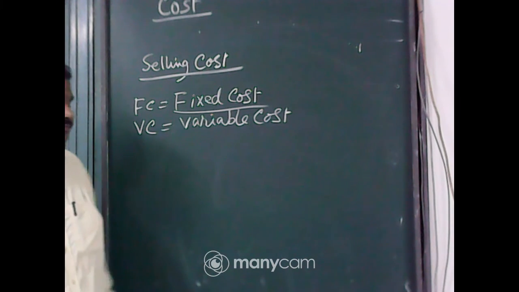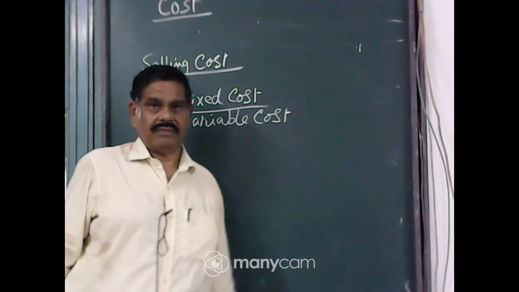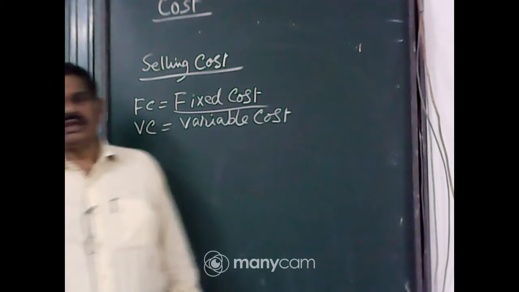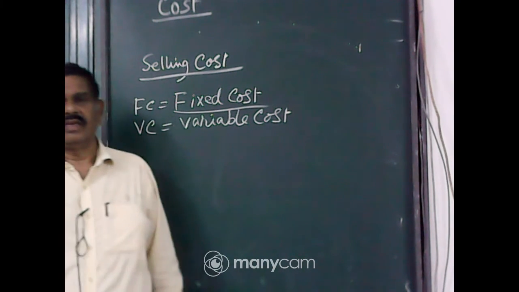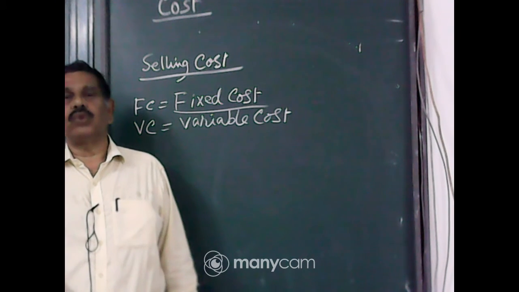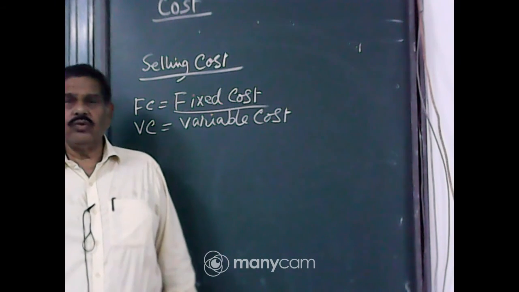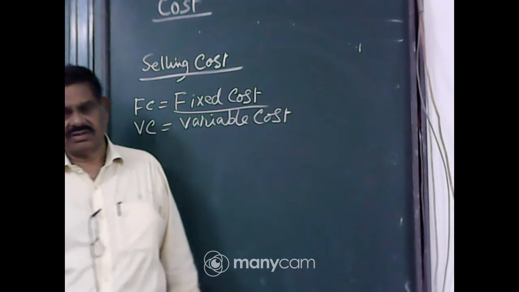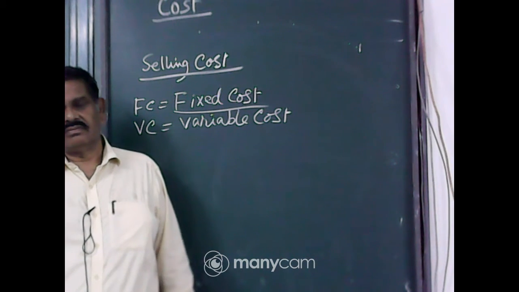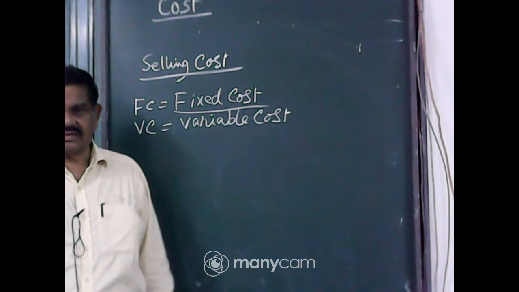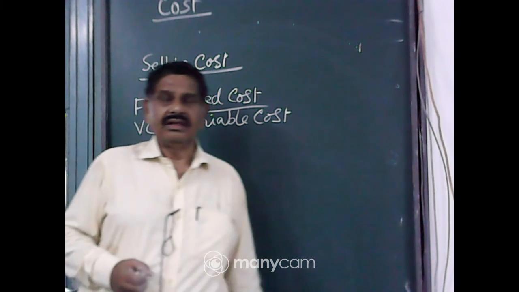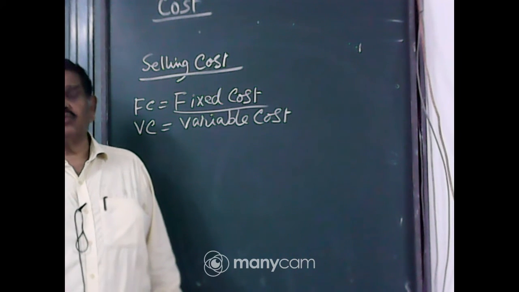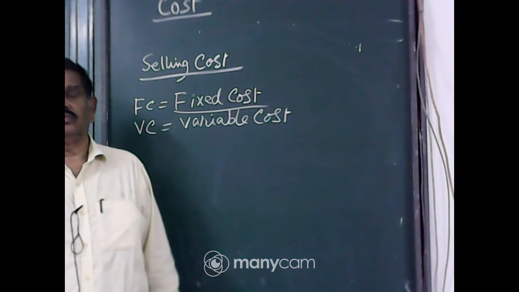Suppose I am giving you an example. You require a heavy machine in your factory which costs rupees 5 crore. You may give order to the company to supply that machine, but as it is a very heavy machine, the company will take a lot of time to produce it and supply to you.